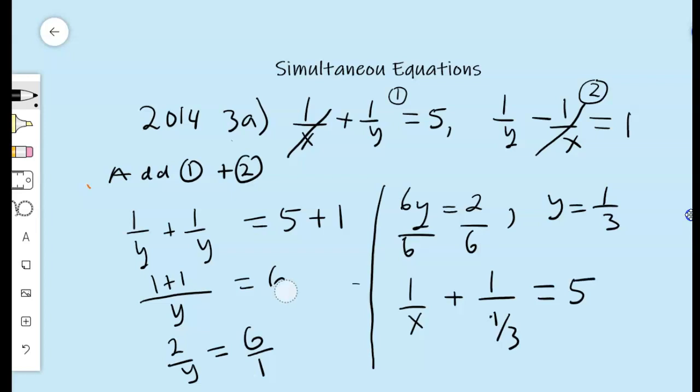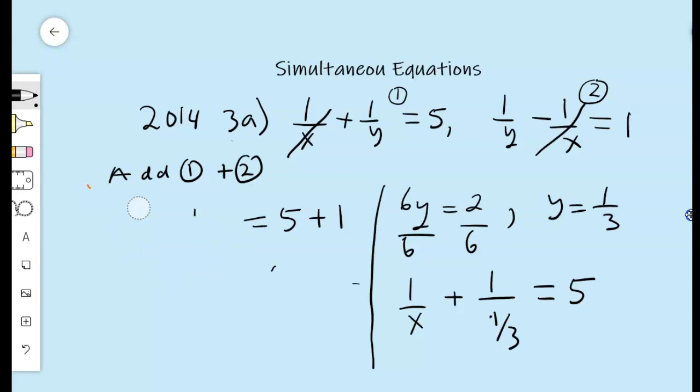We're going to solve that. But before that, let me erase here so I can get a space. So here we write 1 over x plus, here it's like a whole number divided by a fraction.